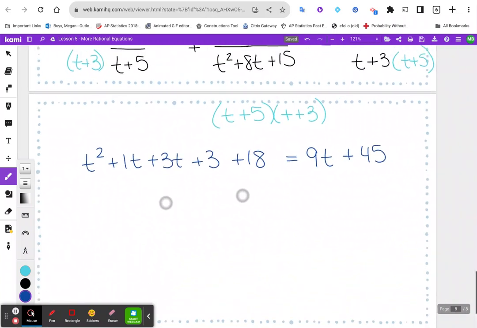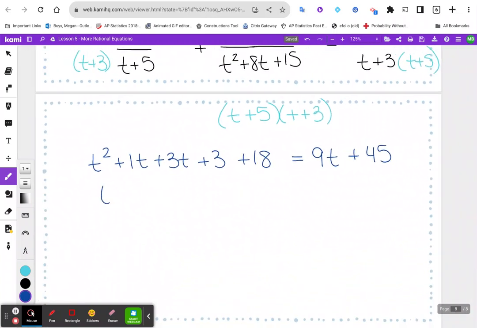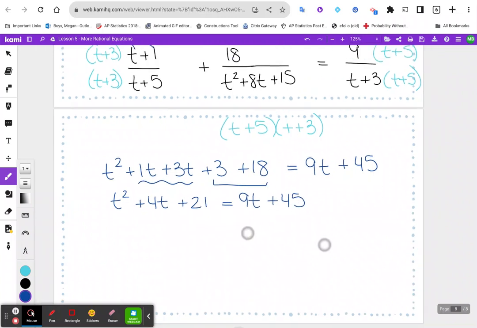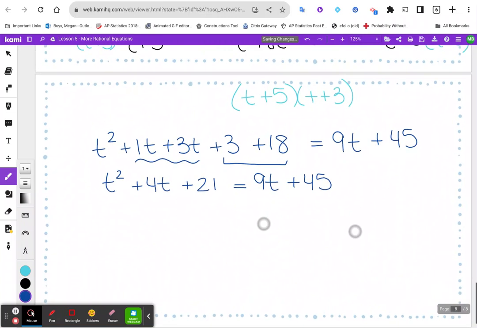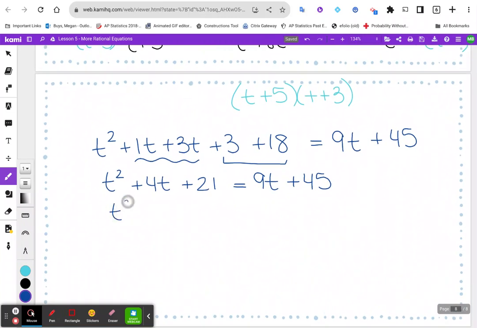Now I'm going to take that and start combining my like terms. I get t squared. I get the 1 and the 3 in this case to get plus 4t plus 21 equal to 9t plus 45. Remember that I am subtracting the 9t from both sides, so I get a negative 5t.